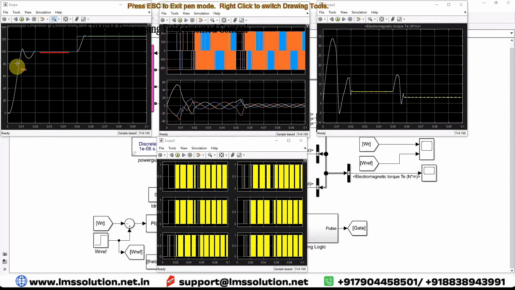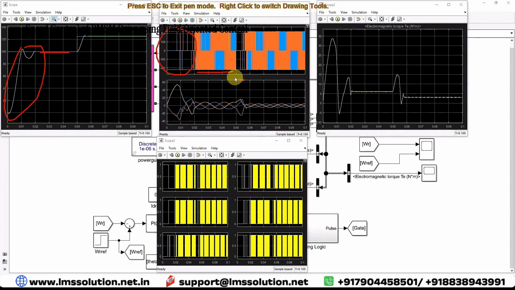During the initial starting period, from 0 to 0.2 seconds, this is the output voltage of the inverter. During tracking of the speed command, after reaching the reference speed command, this is the voltage across the PMSM, or output voltage of the inverter. During starting, it has a high starting current. After it reaches the reference speed command, it has some steady state current.